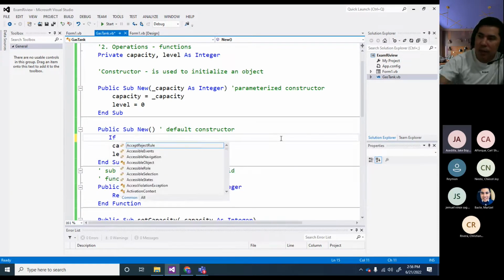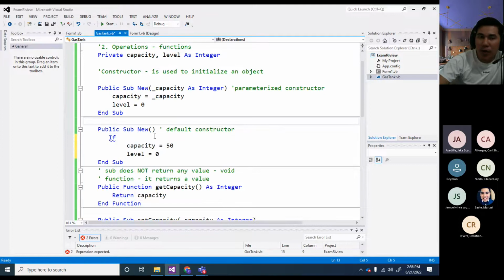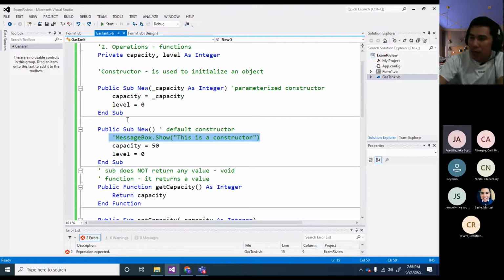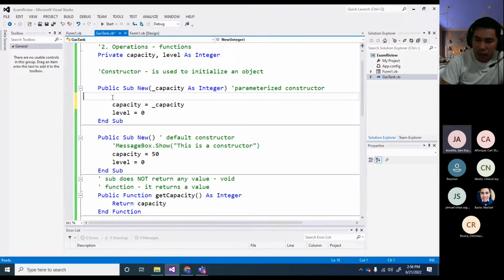This is what we discussed about the application layer, data layer, and business logic layer. Wait, not here. It should be from here.